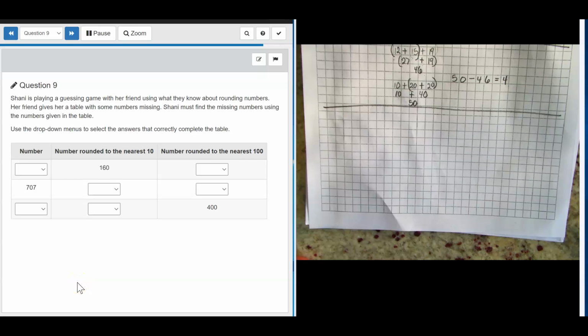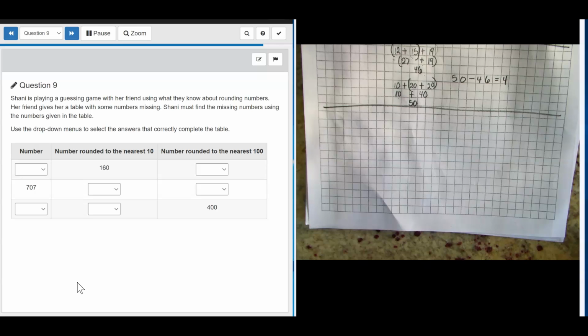In rounding numbers to the tens place or hundreds place, examine the digit immediately to the right of what you wish to round. For the tens place, look at the digit in the ones place. For the hundreds place, look at the digit in the tens place.